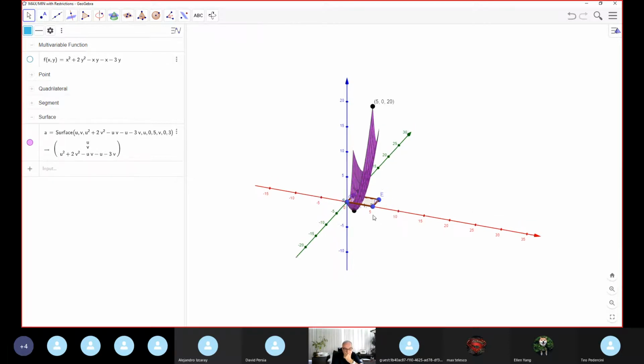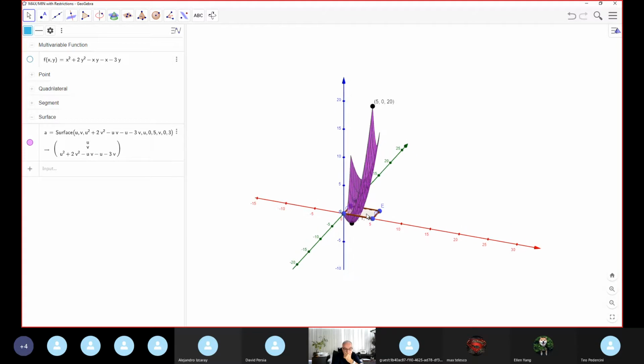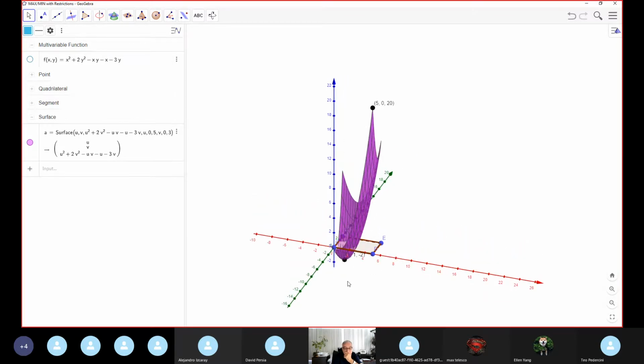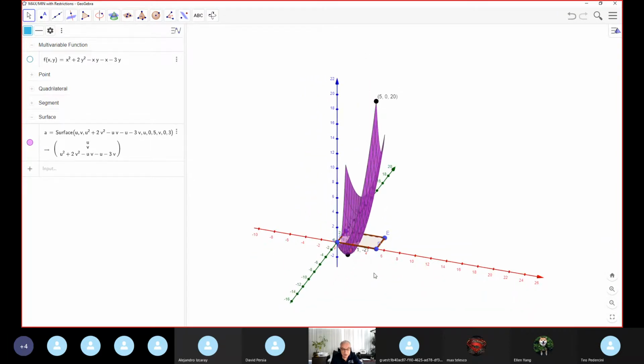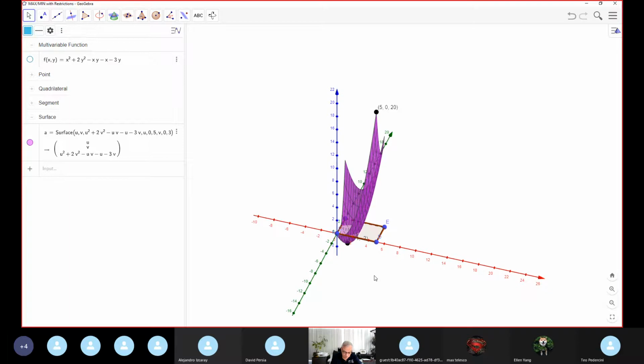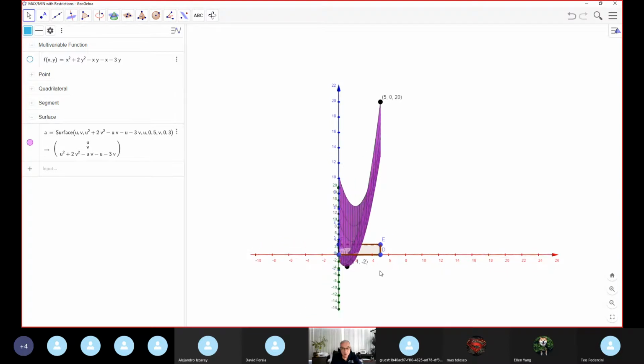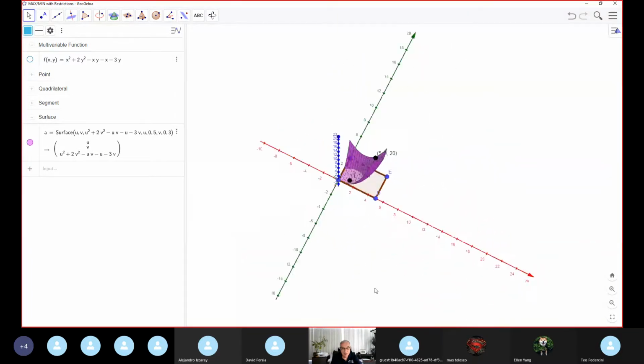However, the local one is at that point, (1, 1), right? Which actually is a coincidence. It's a coincidence that the local minimum coincides with the global minimum. More clear?